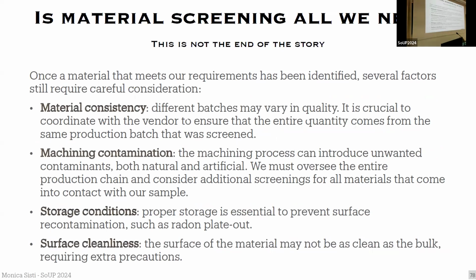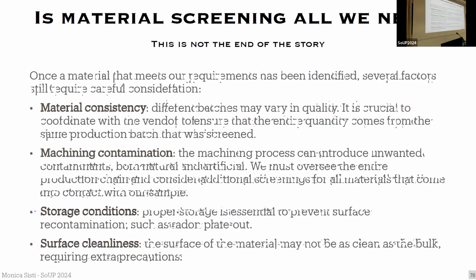Once you have found the material that you like, you still have to take some precautions, because if you have measured one sample, you have to be sure that the producer gives you the same batch for your experiment. The entire production must come from the same batch that you have measured, because different batches may have different contamination levels.